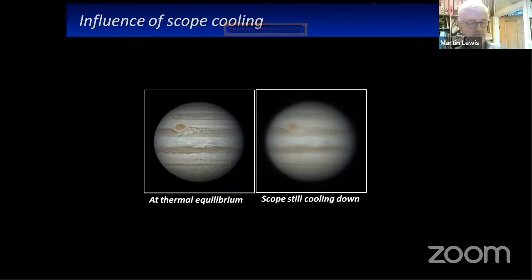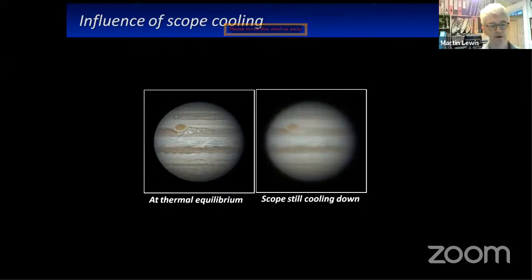Ian talked about thermal equilibrium of the scope, and that's a really important thing, to let the telescope cool down. If you're keeping it in your house, it can take several hours to cool down to ambient temperatures. Much better to keep it in a shed outdoors or in a garage or something like that if you can, in the afternoon before you're planning to observe.